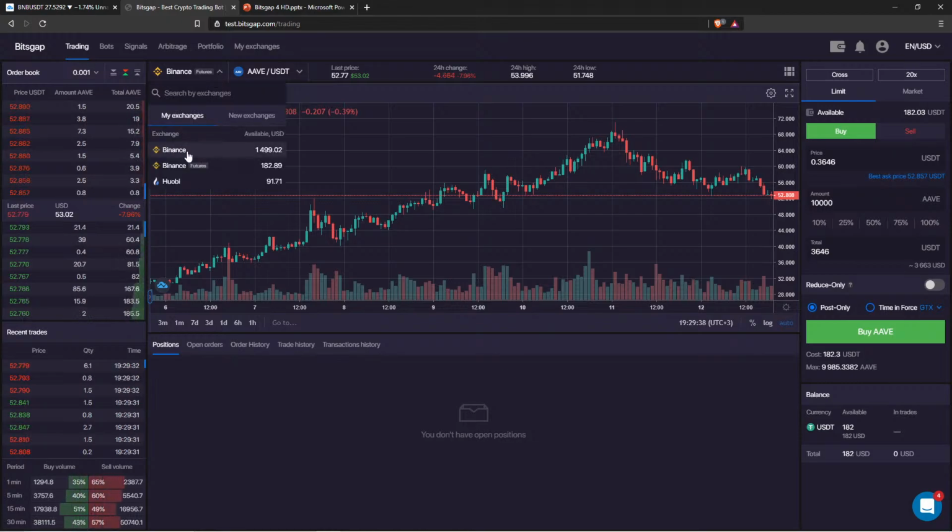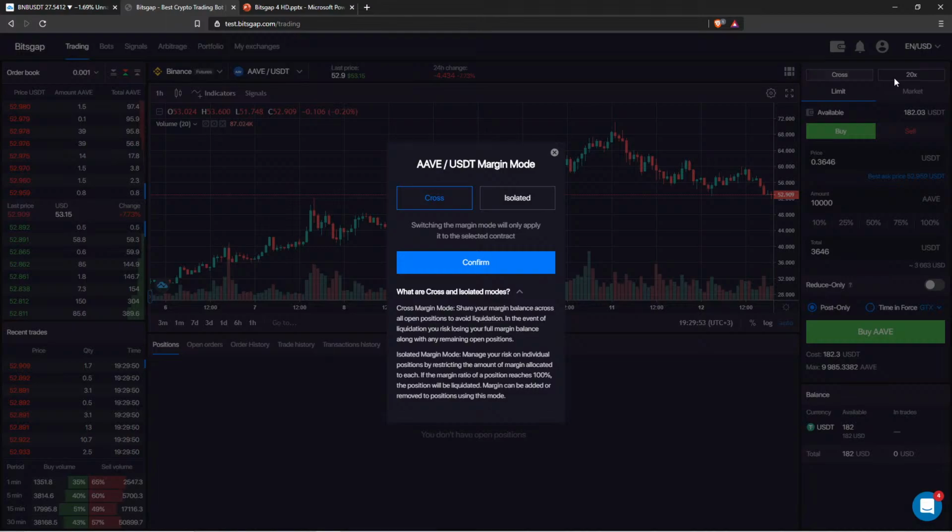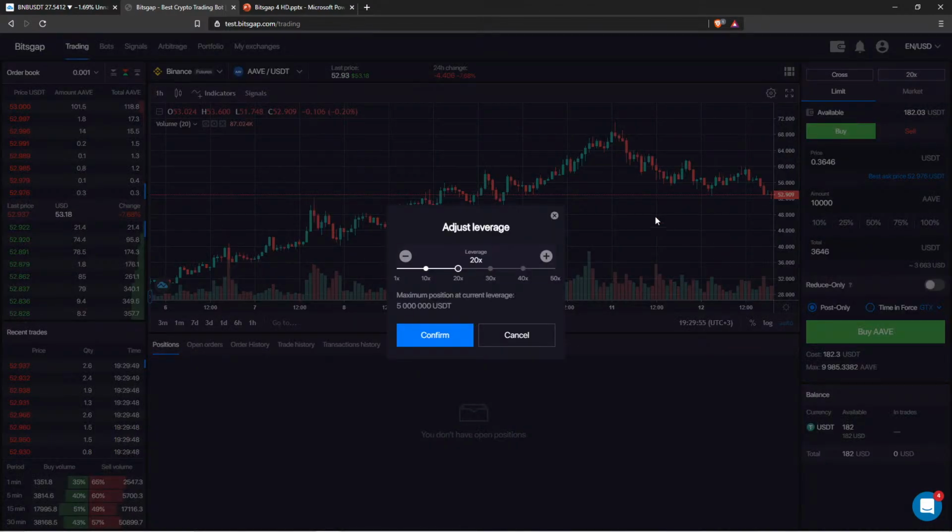So here is my Binance Futures, and notice that the layout of the dashboard on the right side slightly changes. Now you have the limit and market orders, as well as cross and the leverage.